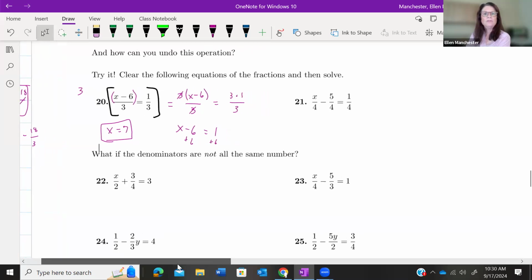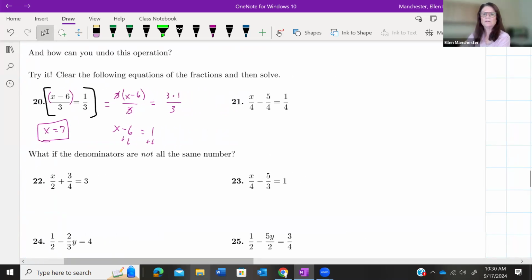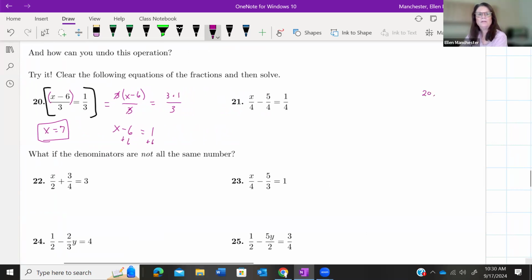Okay, so I'm going to redo this one. I'm going to rewrite it over here. So this is number 20. So now I can show you when you reduce first by eliminating the fraction, right? So this is that second technique. We're going to reduce first and then solve. So watch. 3 goes into 3, and remember, this is one term. 3 goes into 3 one time. I cancel that. 3 goes into 3 one time.